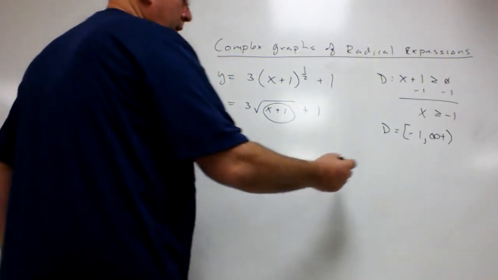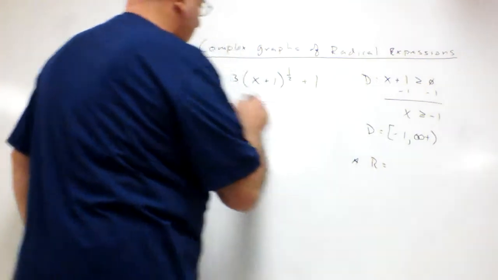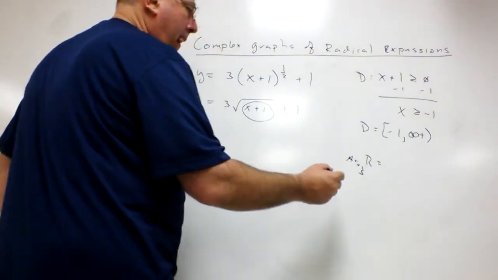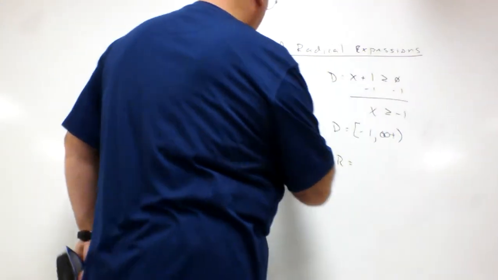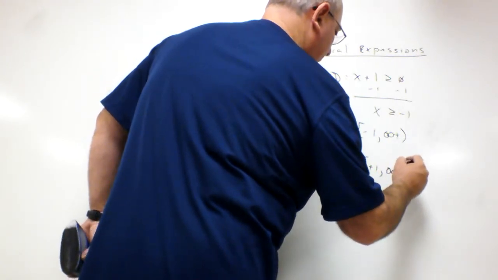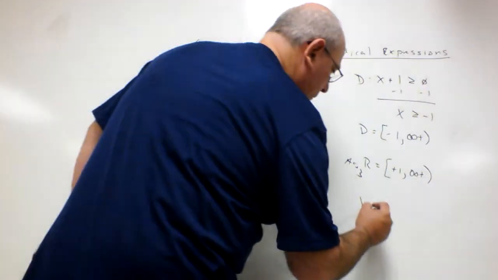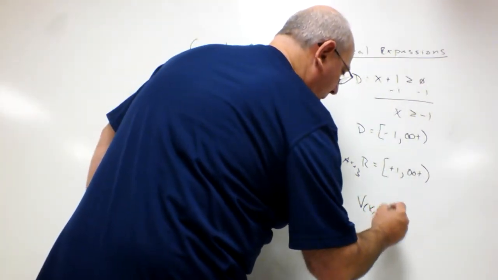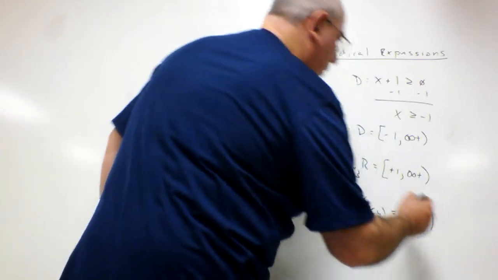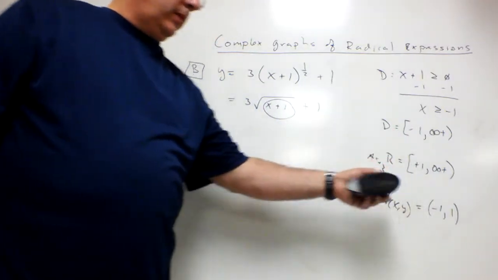And then our range, because a is positive 3, we'll go from k, which is positive 1, to positive infinity, like that. And then our vertex will be at negative 1, 1. The negative 1 and the 1, the h and the k that you use for your domain and your range.